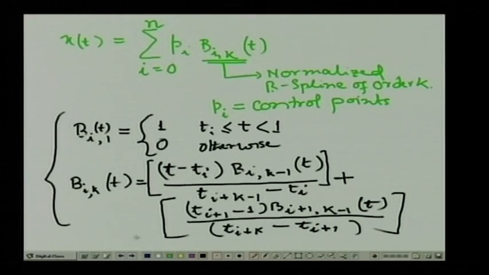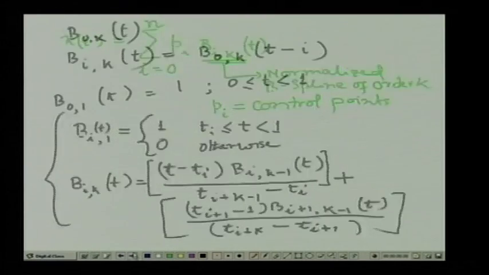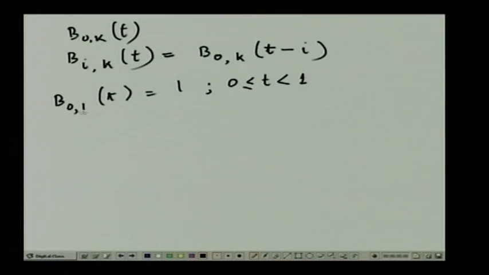So, b_0,1(t) is constant in the region 0 to 1.